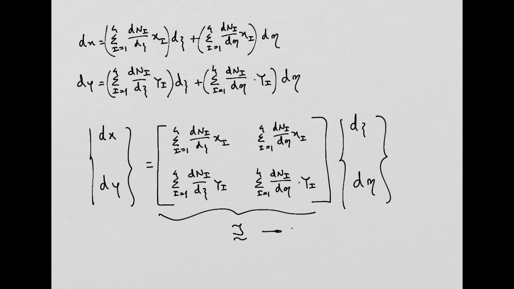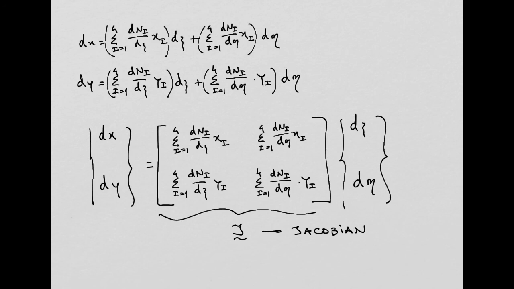If you want, I can say Jacobian, which is a matrix that allows the mapping between the natural coordinate system xi eta into the physical or global coordinate system x, y.